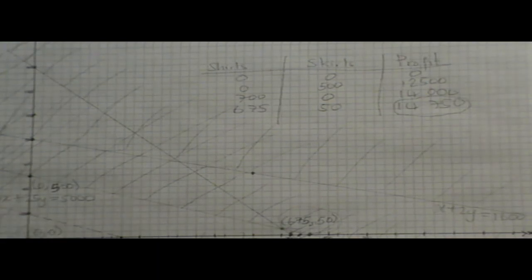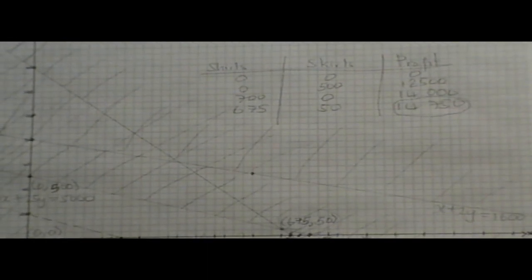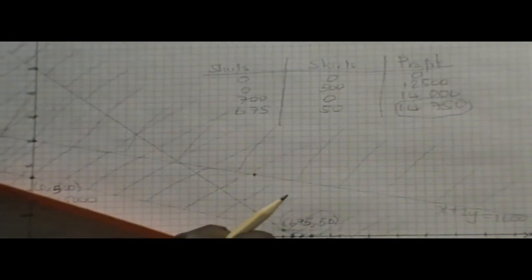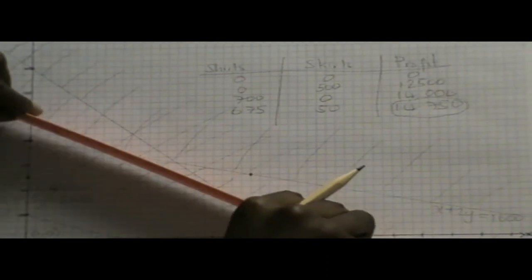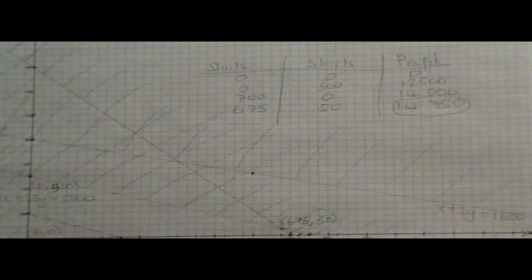Okay, and this line over here, we don't use it per se, but it does confirm our findings. If I draw enough parallel lines to it, remember parallel lines never meet, the parallel line will pass through that point over there, and that point is what gives me the maximum.